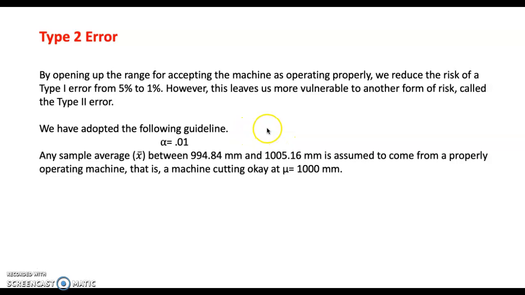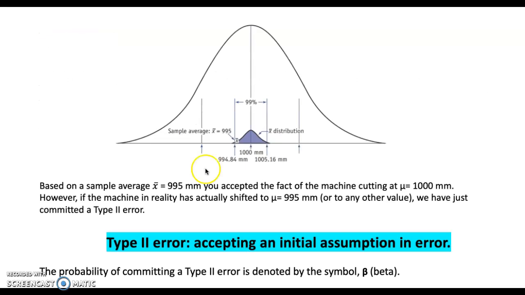When we adopt the guideline of having the sample average between 994.84 and 1005.16 assumed to come from a properly operating machine, a machine cutting okay at 1000 millimeter, we accept that the machine is cutting at 1000 millimeter. But what happens when we leave the machine and the average shifts to 995 millimeter, a pin stuck in the machine or something happened to it?